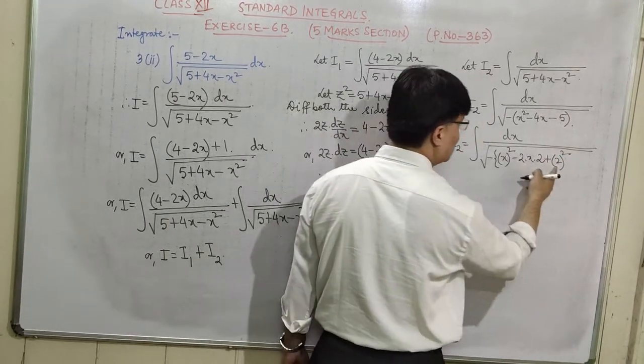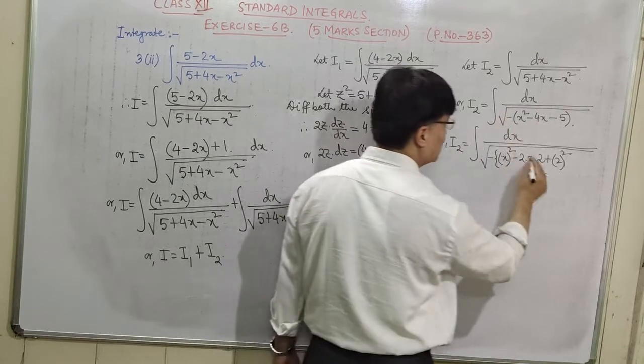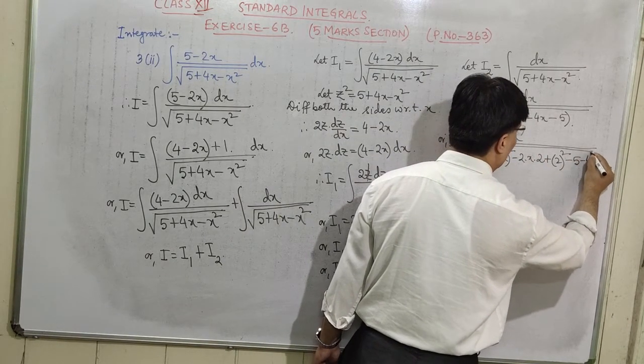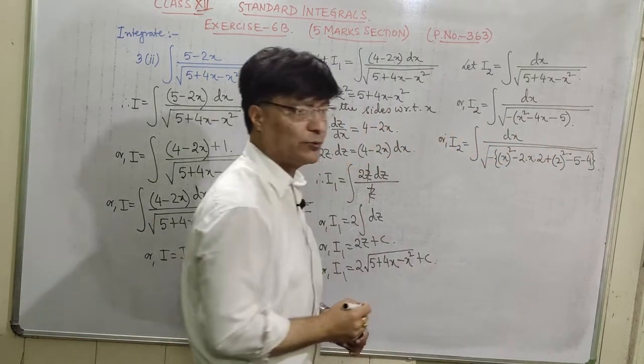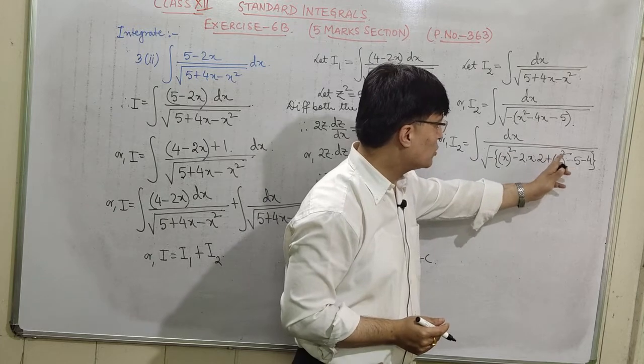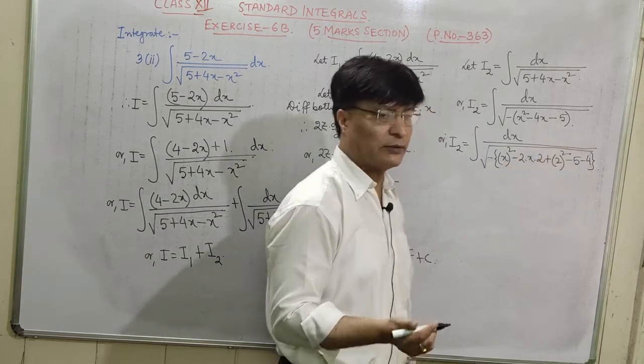But is there a 4? No, you have to cancel it. First you write minus 5, then write down minus 4. Your second bracket is closed. You have to write this minus 5 because there is minus 5 here, but 2 whole square is 4, there is no 4, so subtract it, minus 4.